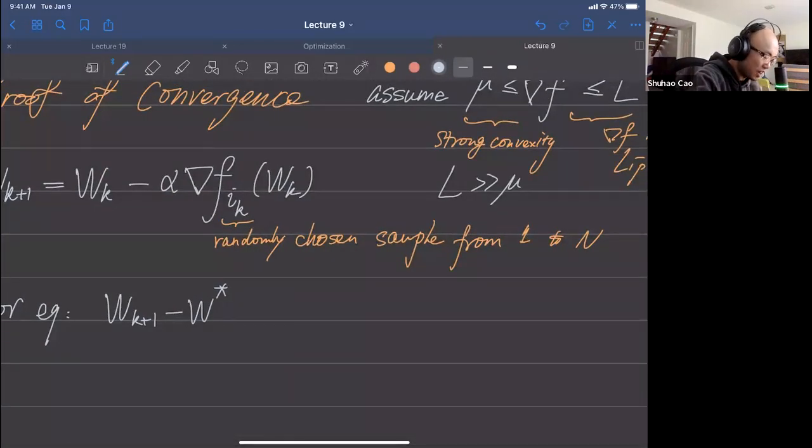We will not discuss whether this exists and whether it is unique. The uniqueness answer is quite straightforward: it's not unique, because we can have permutations and so on. But we don't discuss it right now. So we just assume there is a w star that is a local minimizer.